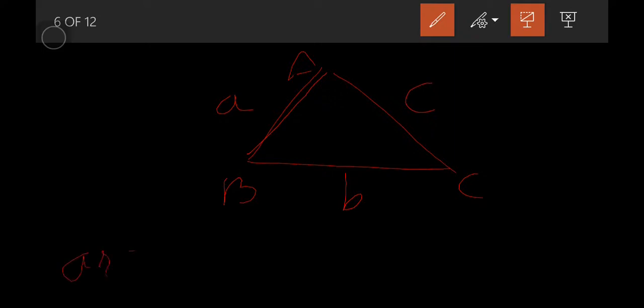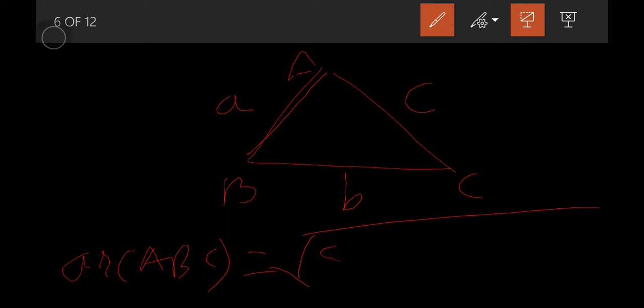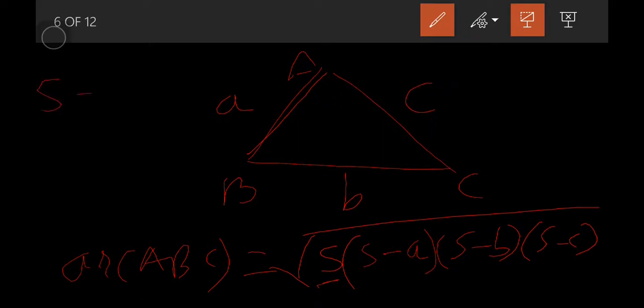Area of triangle ABC is equal to the square root of S into S minus A into S minus B into S minus C. Here S is the semi perimeter or half perimeter. So S is equal to A plus B plus C by 2.